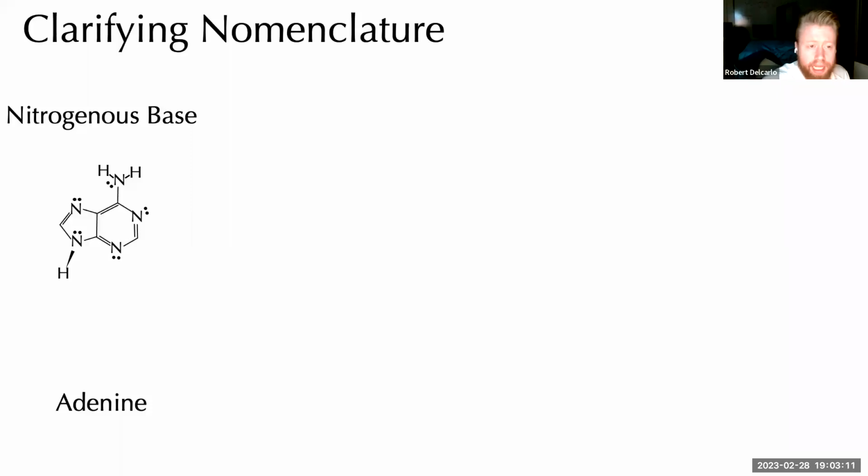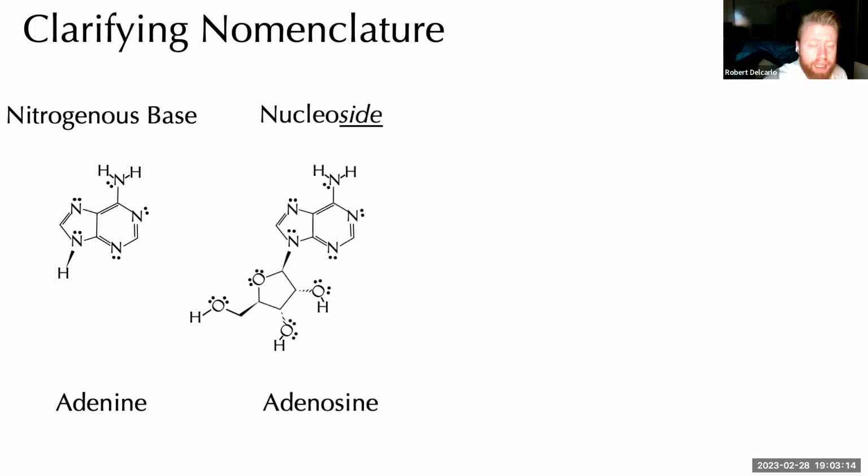And once you attach those to a sugar via a beta N1 glycosidic bond like this, it becomes a nucleoside. So the nitrogenous base added onto a sugar is called a nucleoside. And then they suddenly have different names. So adenosine, guanosine, cytidine, thymidine, as opposed to cytosine and thymine, and then uridine as opposed to uracil, right? So their names change when their structures change.